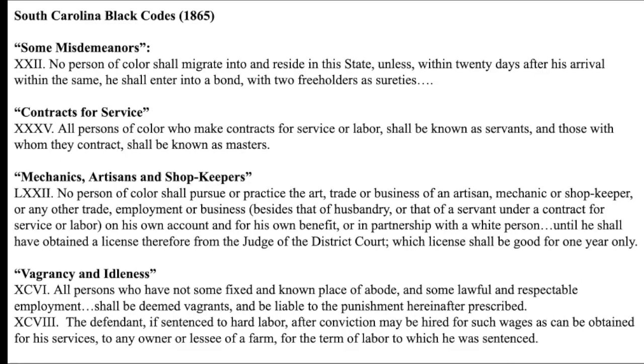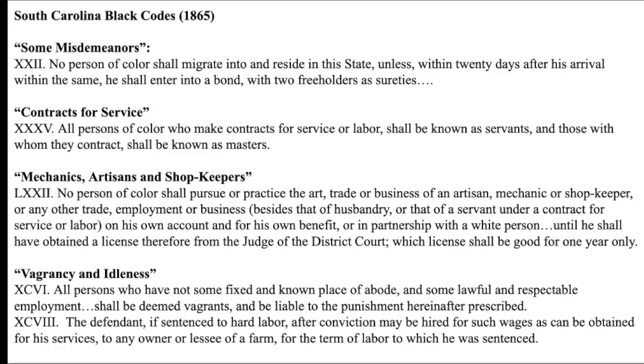Mechanics, artisans, and shopkeepers. No person of color shall pursue or practice the art, trade, or business of an artisan, mechanic, or shopkeeper, or any other trade, employment, or business besides that of husbandry, that means farming in this case, or that of a servant under a contract for service or labor on his own account and for his own benefit, or in partnership with a white person, until he shall have obtained a license, therefore, from the judge of the district court, which license shall be good for 1 year only.